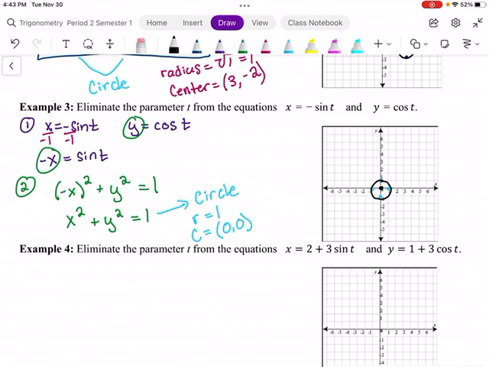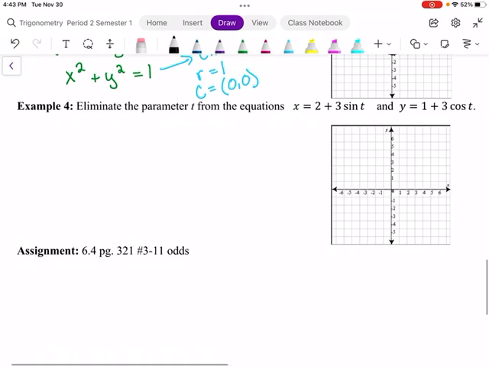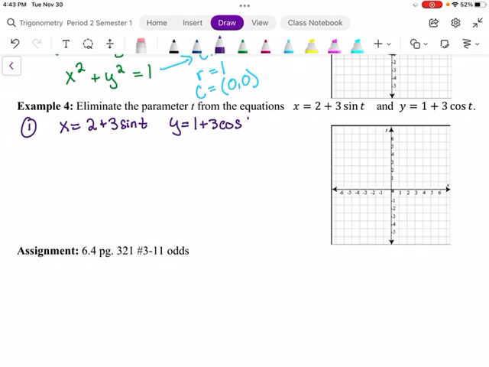Okay. So starting off with step 1, we're going to write these in terms of sine and cosine. For the first one, that means we're going to subtract 2 to start.